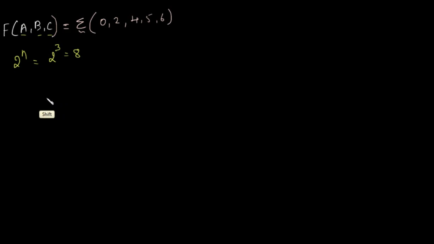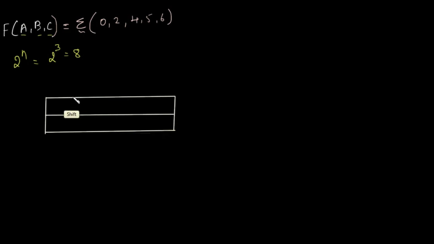So we can draw a simple Kmap using 8 cells like this. Right, so we can write the given variables here a, b, and c.